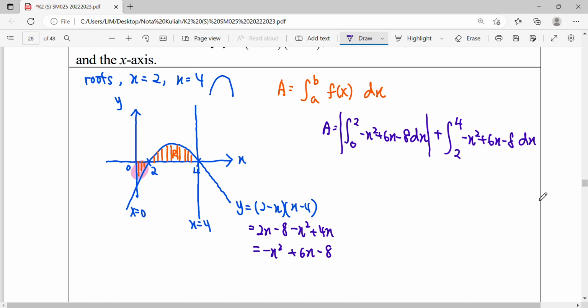After we write our formula of area, the next step is to perform the integration. The modulus, just leave it. We solve this integration: for each x term, power plus 1 over the new power, and for the constant we get 8x, with upper limit 2 and lower limit 0.